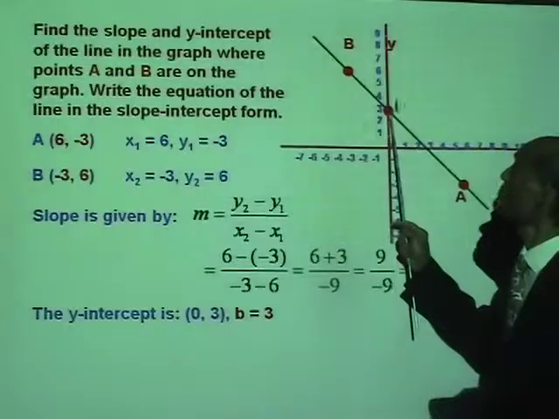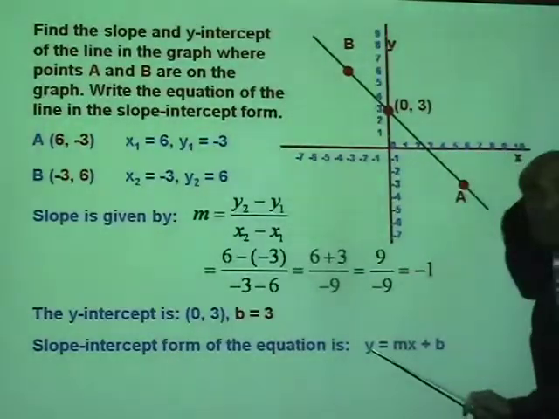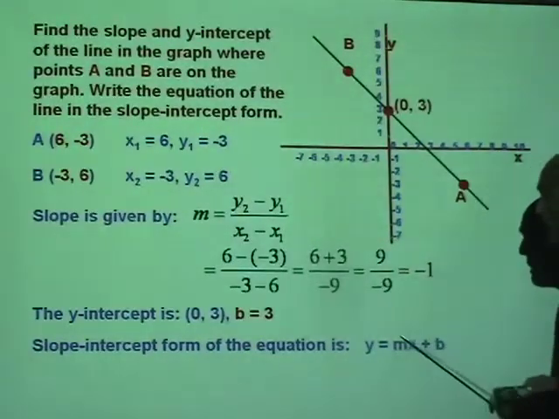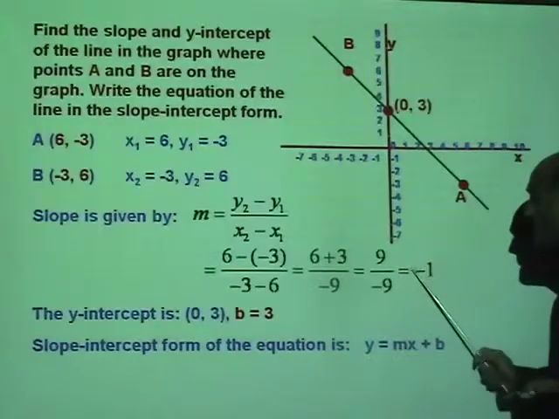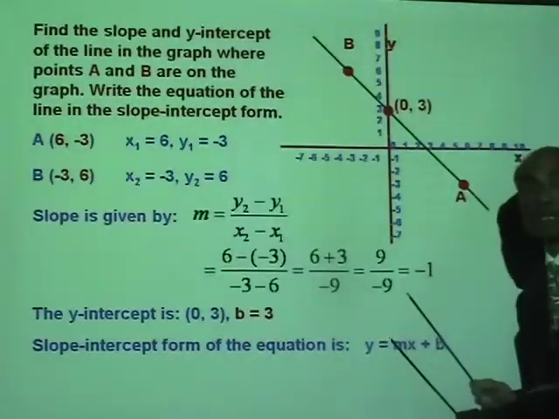Well, that is the y-intercept. The equation in the slope-intercept form is y equal to mx plus b, where our m is negative 1 and our b equal to 3.